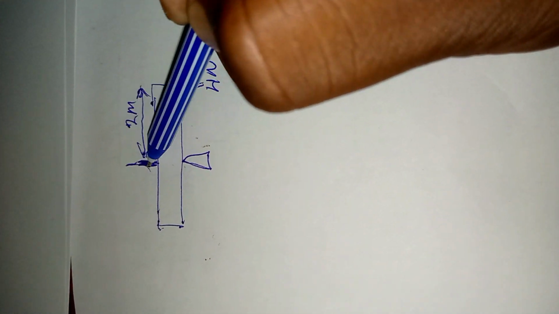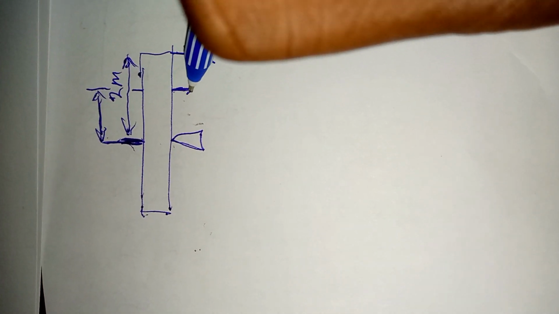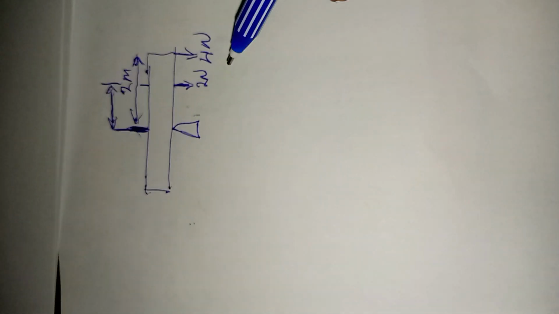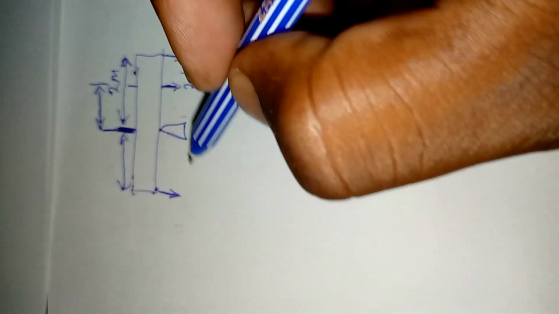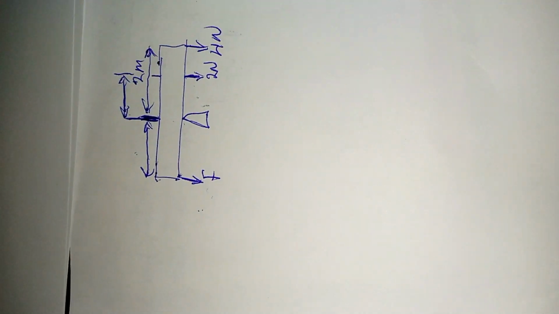And we also have a distance from this side to where this force is, which is 2 Newton. And on this other side, we have our force, and we also have our distance from this side to where our force is, maybe our distance is 2 meters.